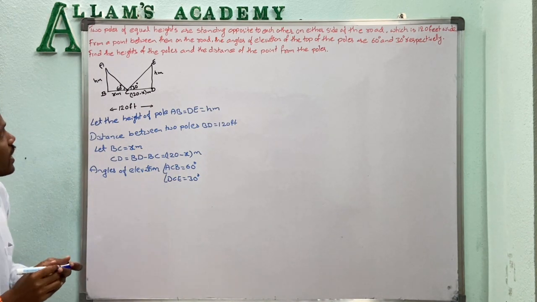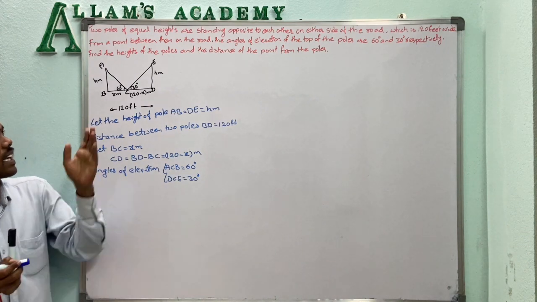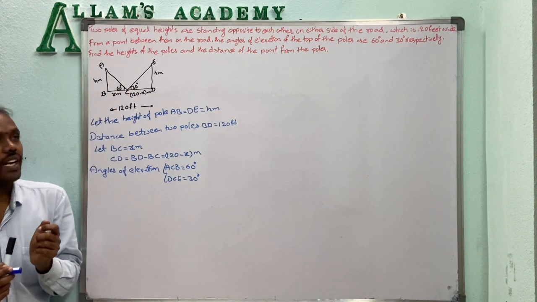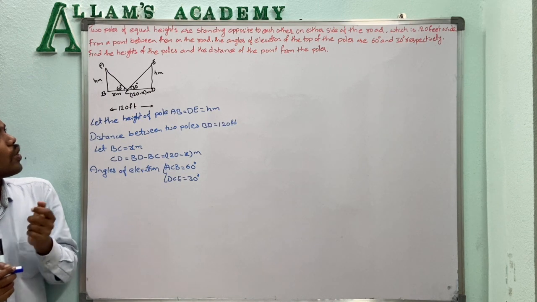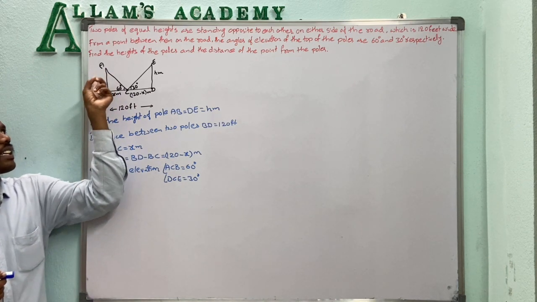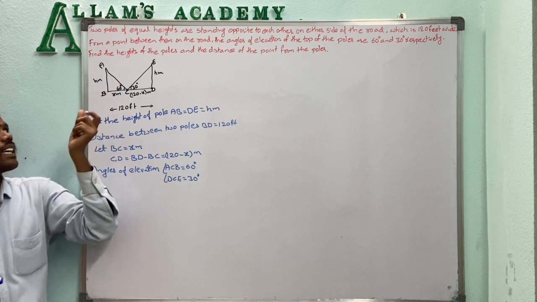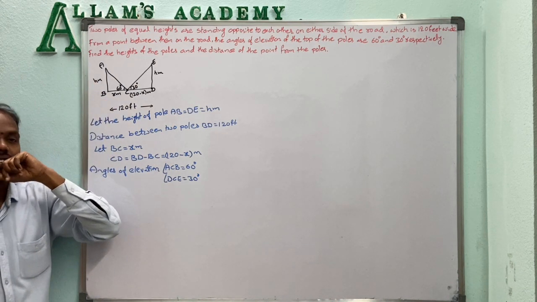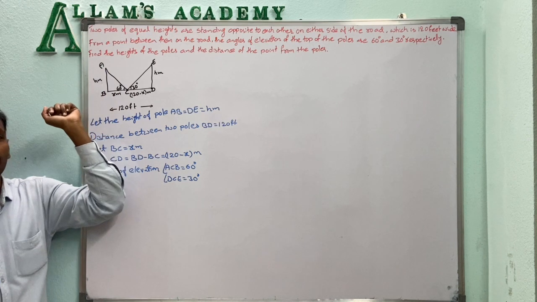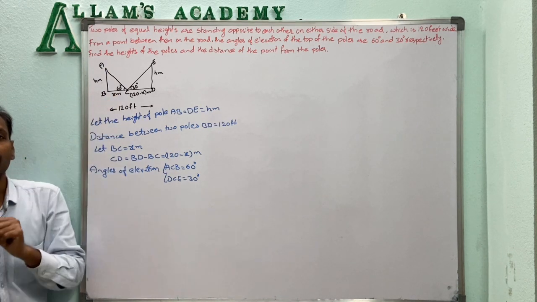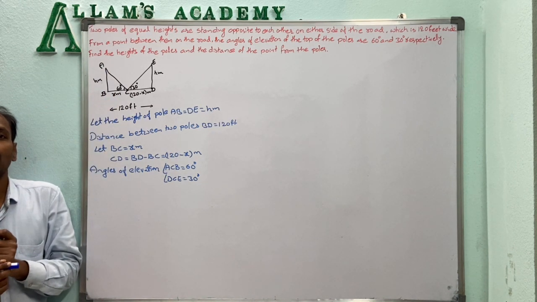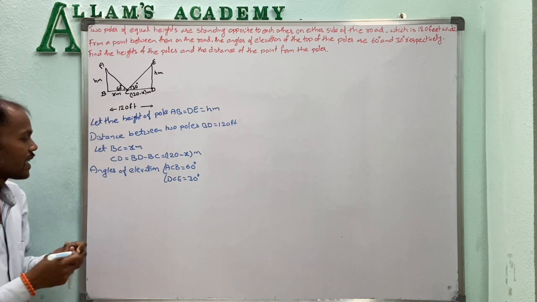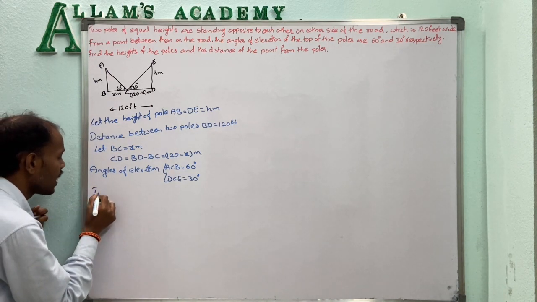So now we can take any one triangle, then we will find some value. Okay, now if we take triangle ABC, here we know the sides AB length and BC length. For 60 degrees, AB is the opposite side and BC is the adjacent side. So now we can apply tan theta in triangle ABC.